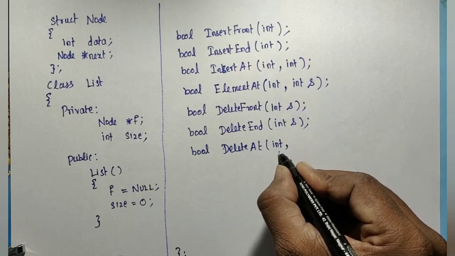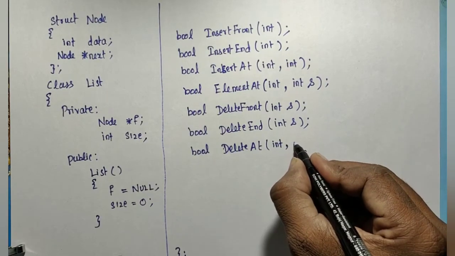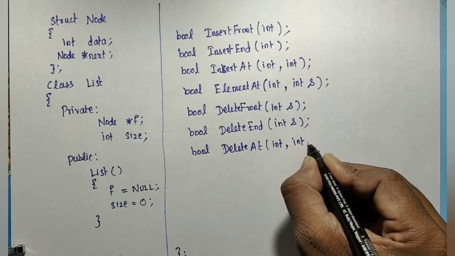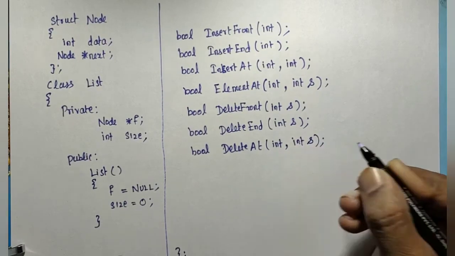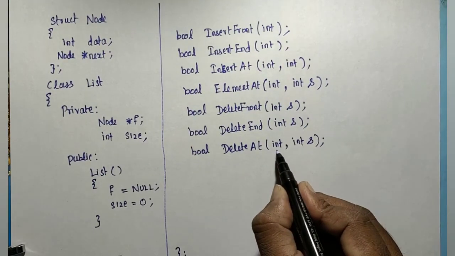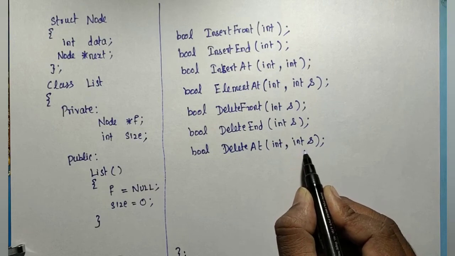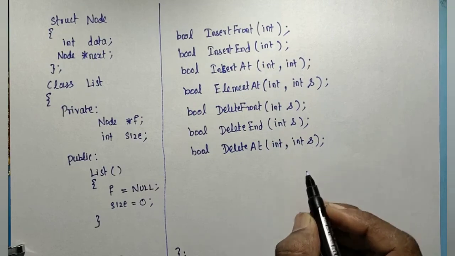So one input is that position and the output is the element which is presented at the position. So int ampersand. So here this is the input, that is a position. Another one is the output, which element is presented at the position.